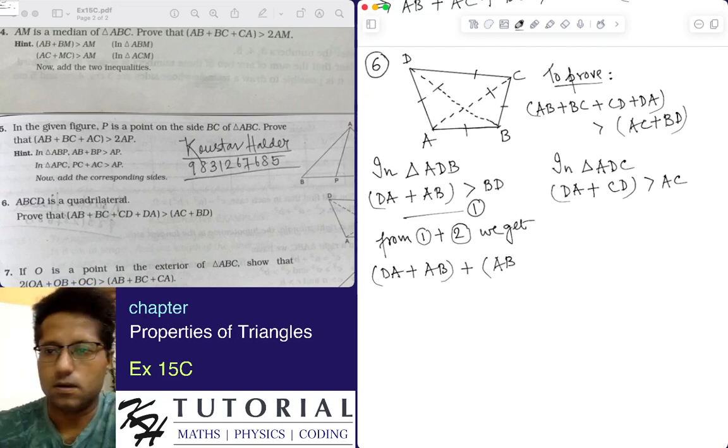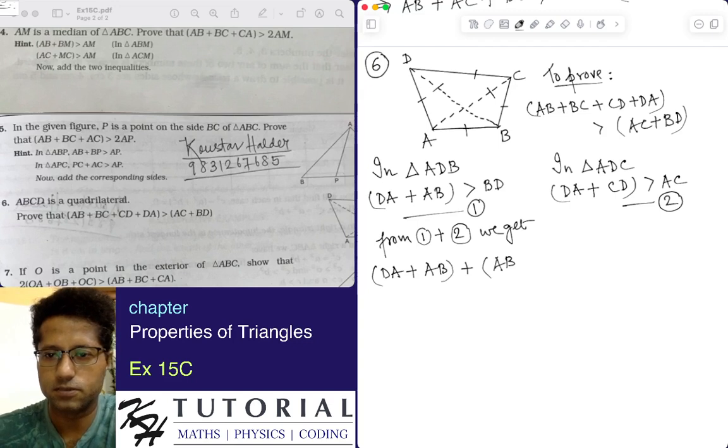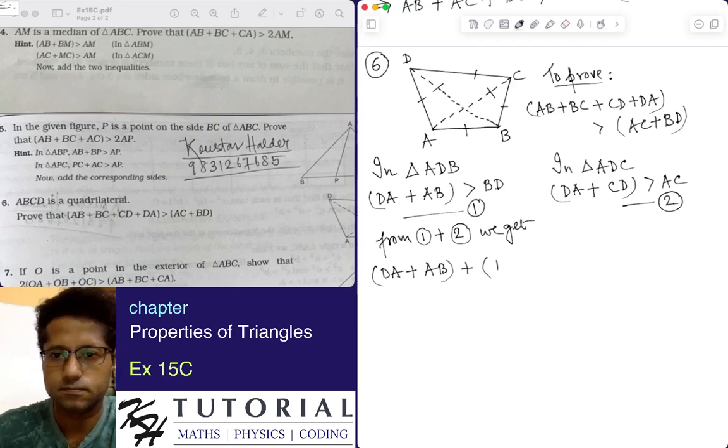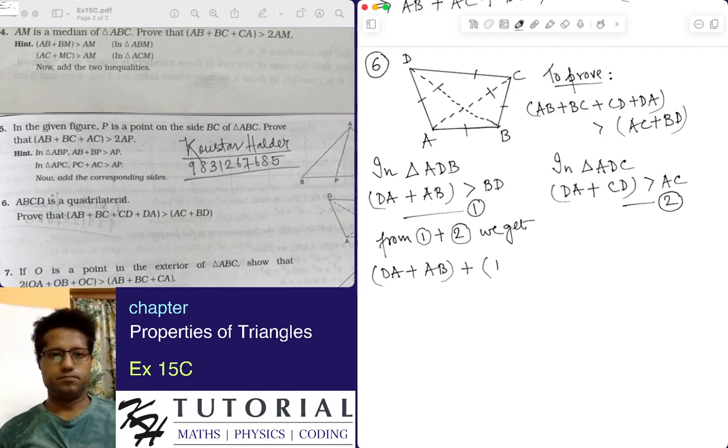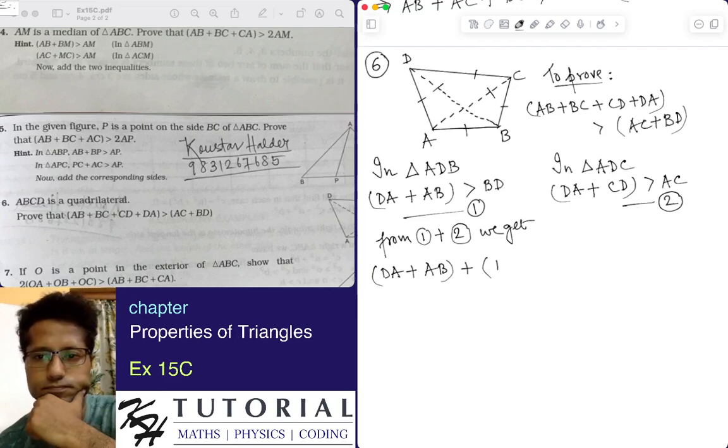Okay, so this is 2. Now if we add inequalities 1 and 2, we get DA plus AB plus DA again, greater than AC plus BD.